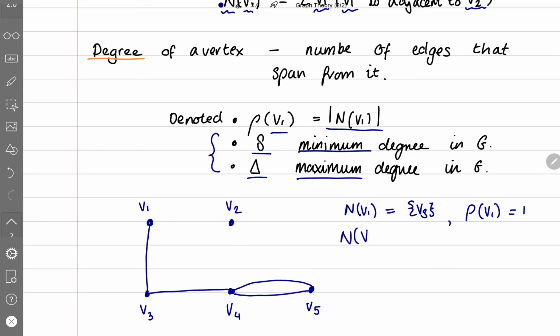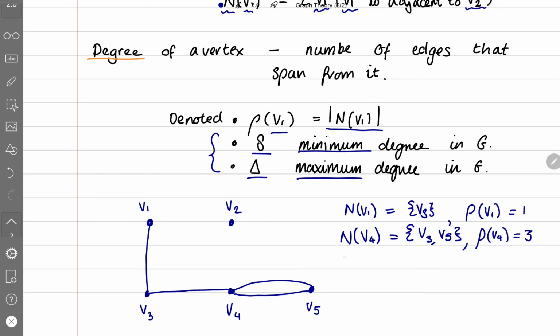The neighborhood of V4, you can get to V3 and V5 on it. And though you can get to V5 twice, you don't need to write it in twice for the neighborhood. The degree of V4, there are 3 edges coming out of it, so the degree is 3.